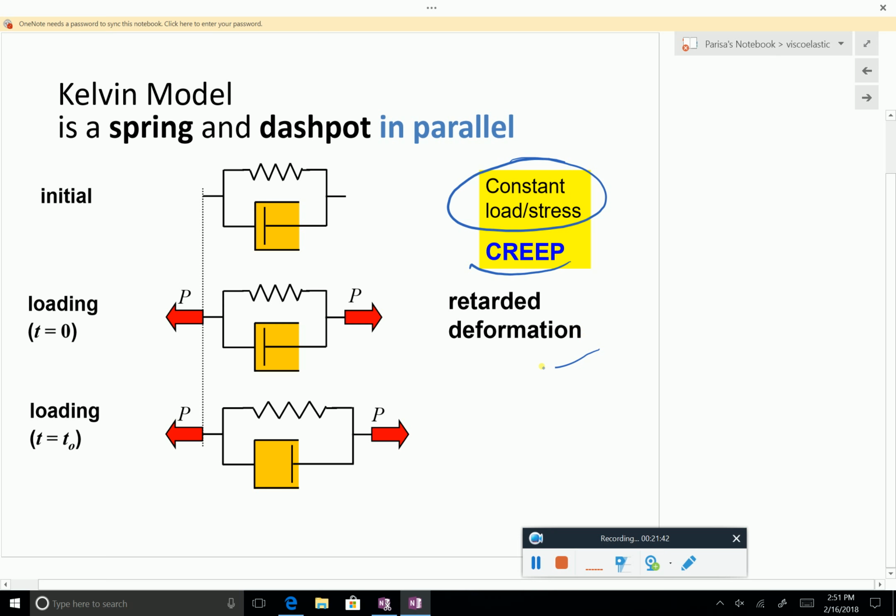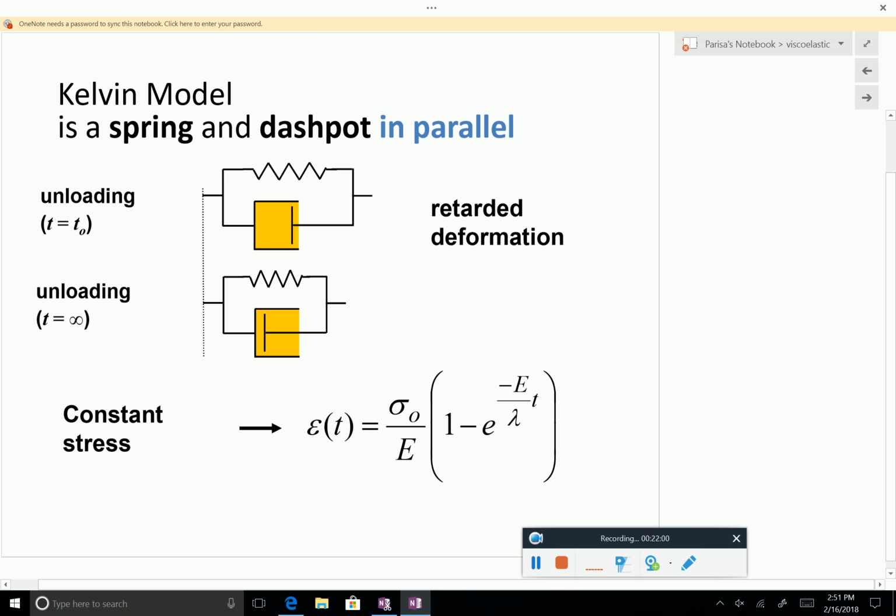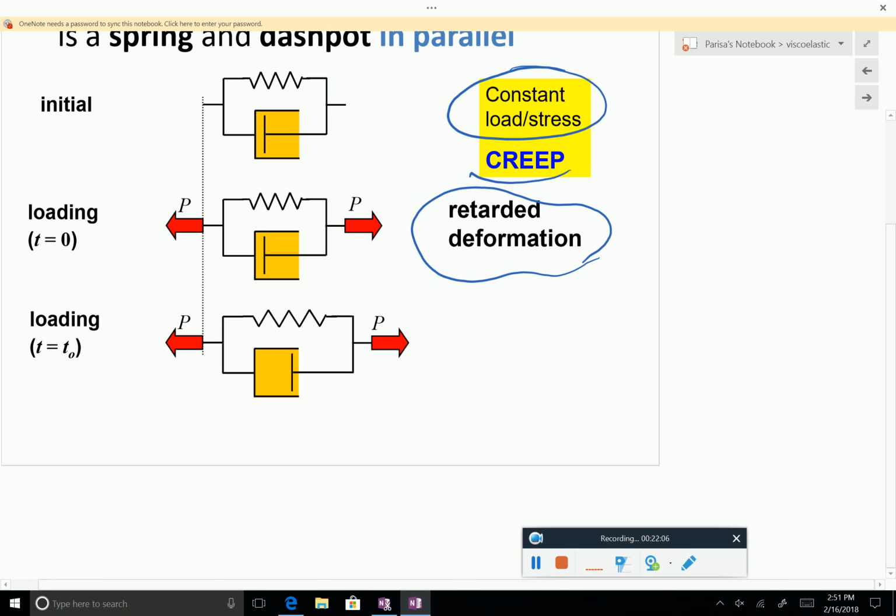And we see that this model predicts a retarded deformation behavior. It means that the deformation doesn't occur immediately, it occurs after a certain time. How does it look? Maybe I should go back here.